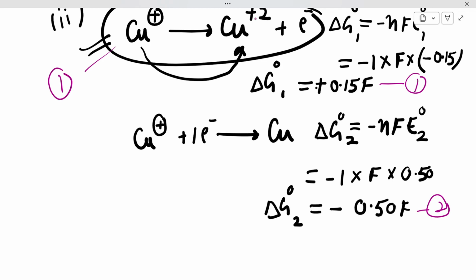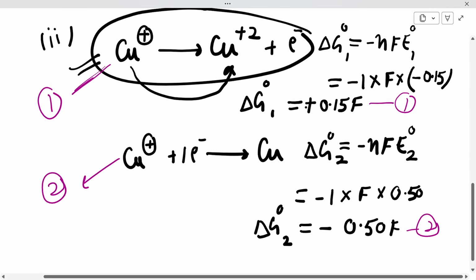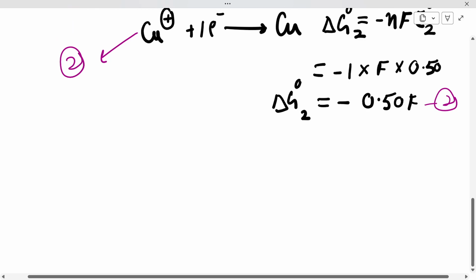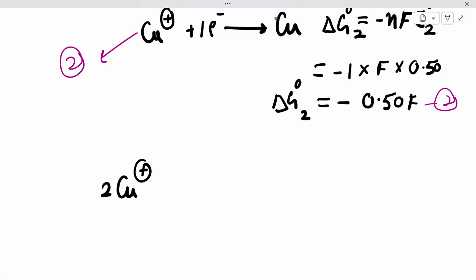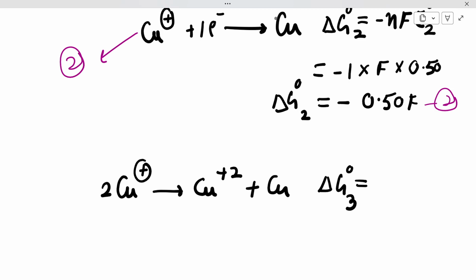If we add our first reaction and second reaction, now which one is our first reaction? That one is our first, and that one is our second. So if we add the first and second reactions, we will get a new reaction: 2Cu plus is equal to Cu plus 2 plus Cu.